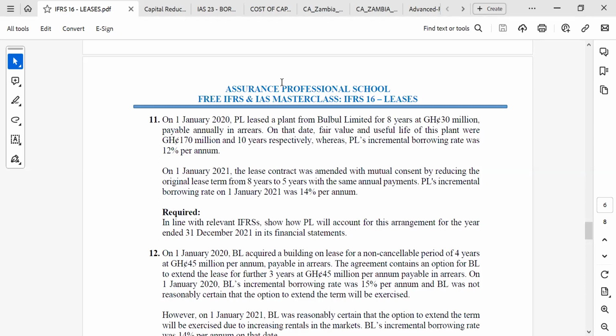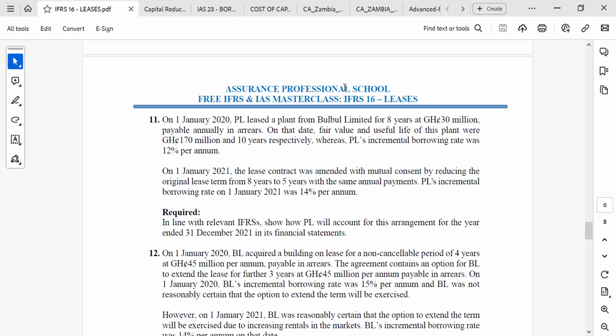All right. On 1st January 2020, PL leased a plant from Bubu Limited for 8 years at 30 million Ghana cedis, payable annually in arrears. On that date, fair value and useful life of this plant were 170 million Ghana cedis and 10 years respectively, whereas PL's incremental borrowing rate was 12% per annum.